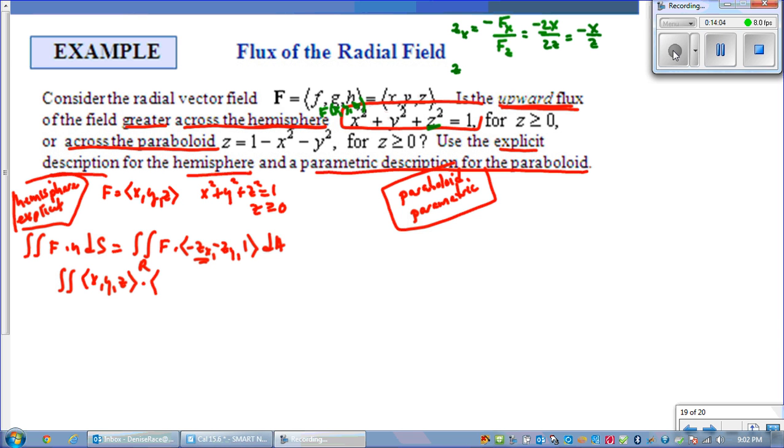Okay, also z sub y is minus the partial with respect to y over the partial with respect to z. Partial with respect to y is 2y over the partial with respect to z. Okay, so now in this form, negative the partial with respect to x will simply be x over z. The negative of the partial with respect to y will be y over z, and then 1.